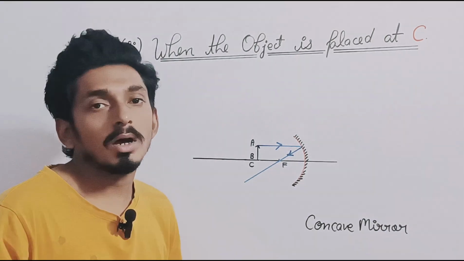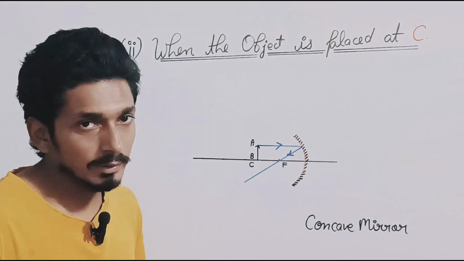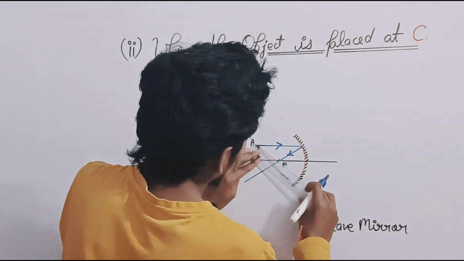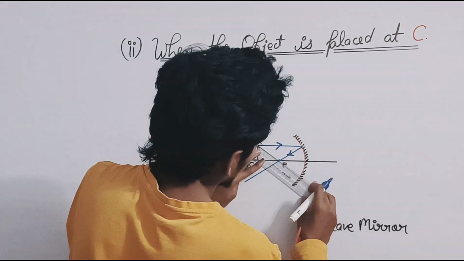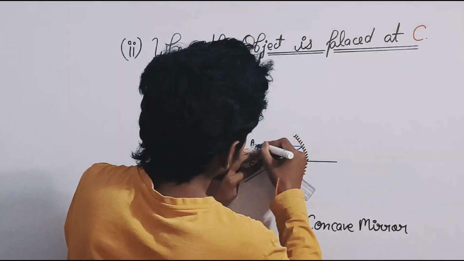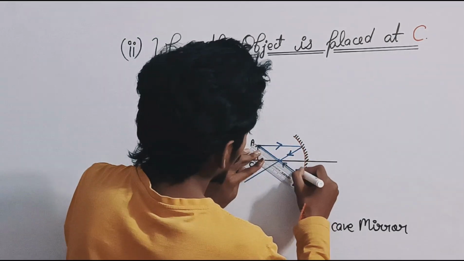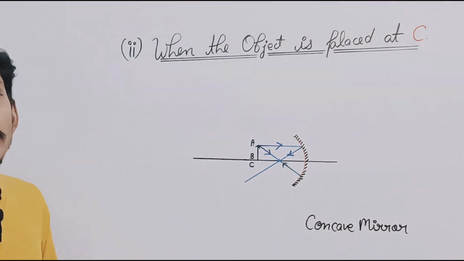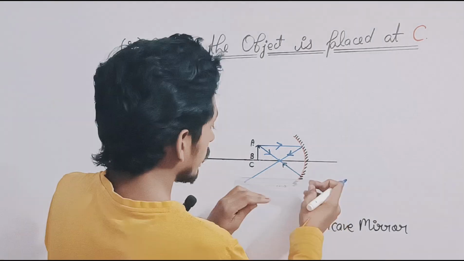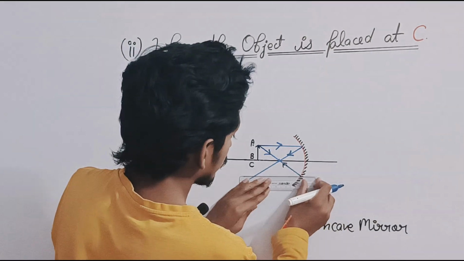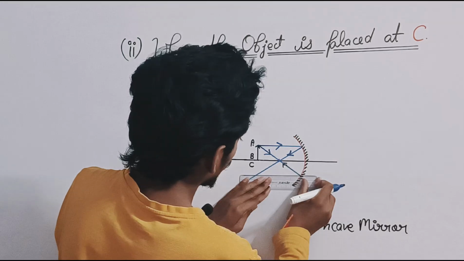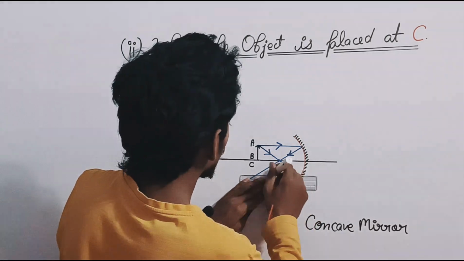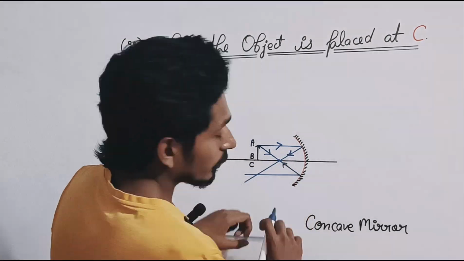Now we form another incident ray from point A. If the incident ray passes through the focus, then after reflection it is parallel to the principal axis. Okay, yes or no?